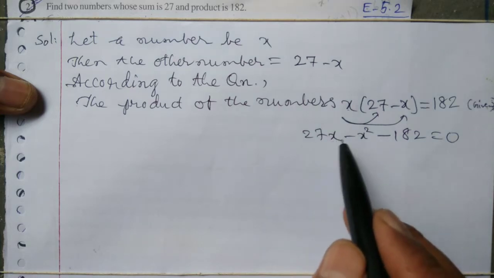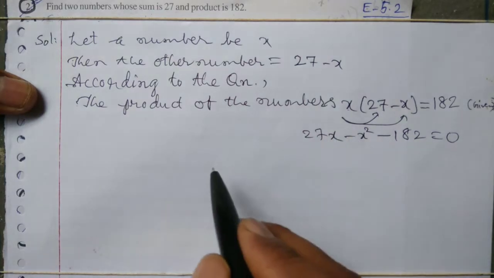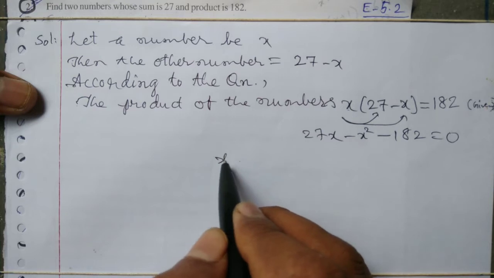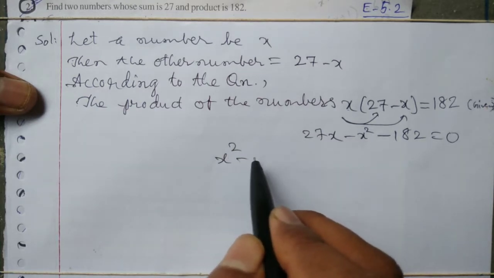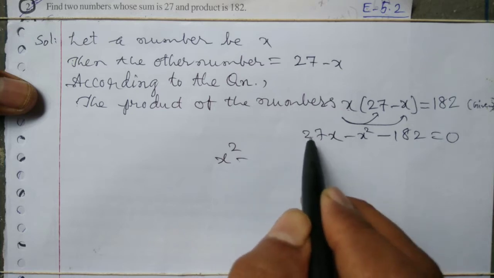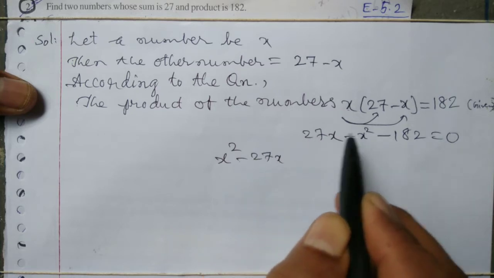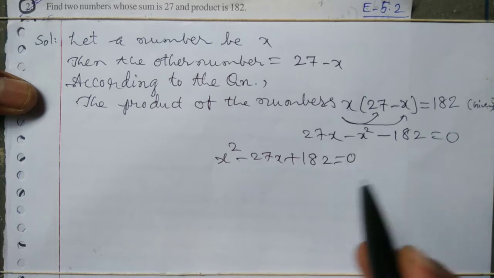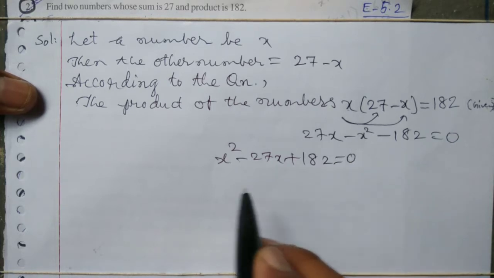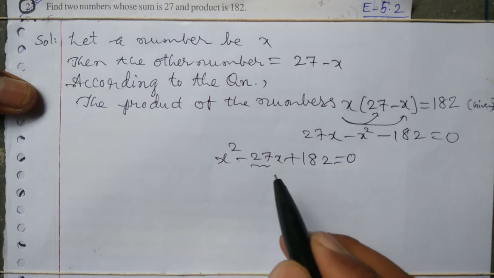We have to shift all this to the right side only. x square minus 27x plus 182 is equal to 0. Here the middle term is minus 27.